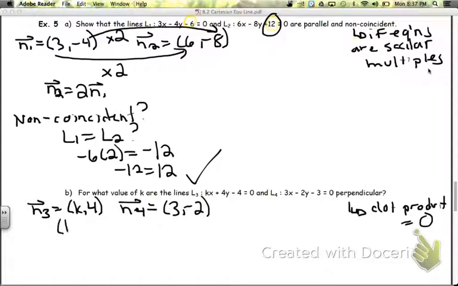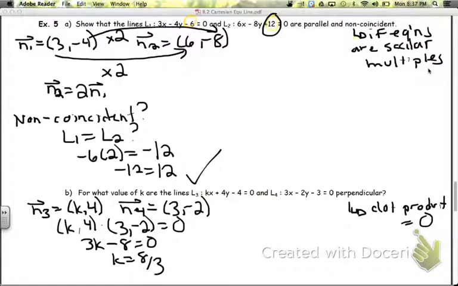Doing the dot product between the two will result in this equaling 0. So we have 3k minus 8 is equal to 0. Rearranging, we get k is equal to 8/3. So for k equals 8/3, line 3 and line 4 would be perpendicular.